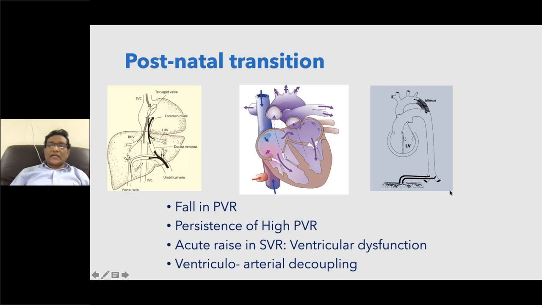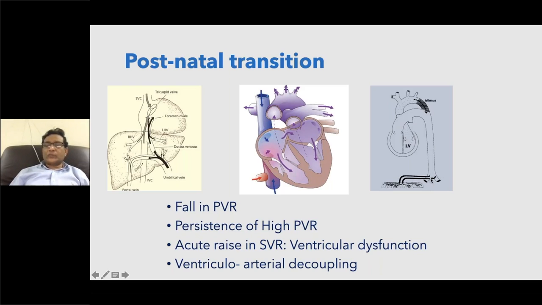Once the ductus arteriosus constricts, automatically the blood from the left ventricle will go predominantly to the ascending aorta, neck vessels, and also into the descending aorta. So there will be an acute rise in systemic vascular resistance. Earlier, the aortoiliac vessels were exposed to the low resistance placenta.